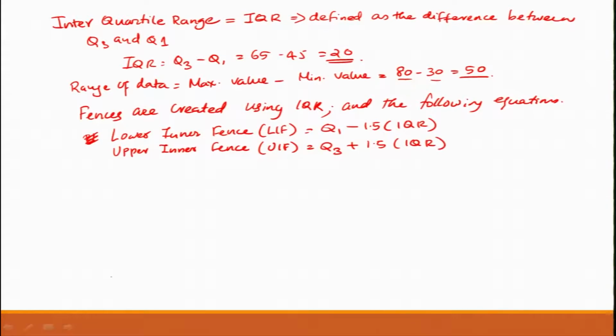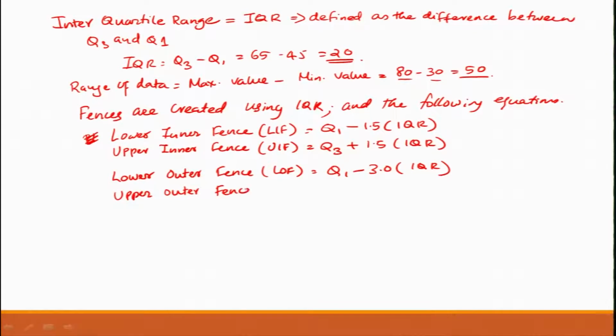Now let us talk about the outer fences. The lower outer fence, LOF, is equal to Q1 minus 3 times IQR, and the upper outer fence, UOF, is equal to Q3 plus 3 times IQR.